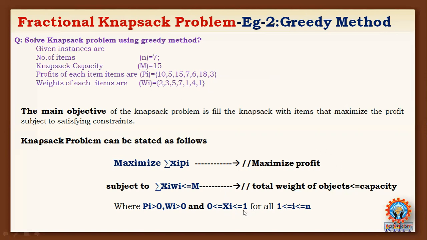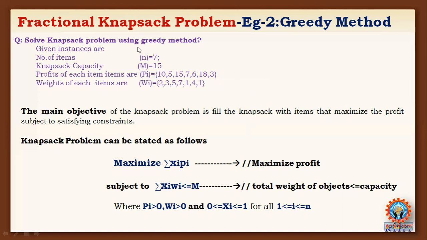Whereas the last choice, 1, means the complete object is placed into the empty bag without breaking. That is the condition here. And there are n number of objects; here n is 7, that means the objects are listed from 1 to 7.